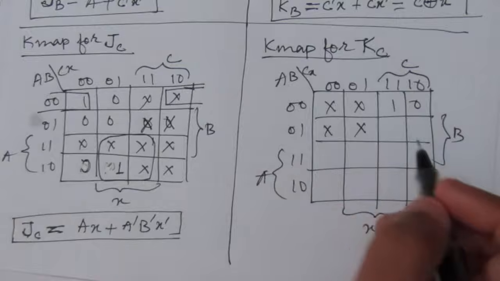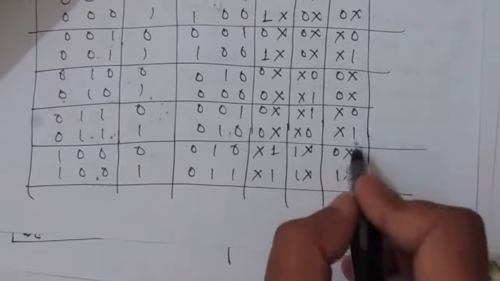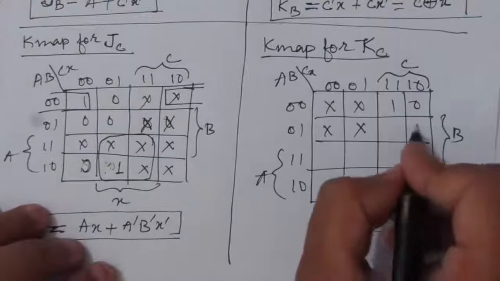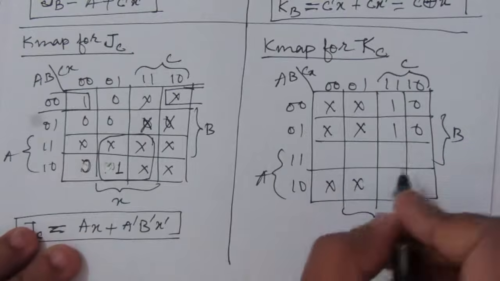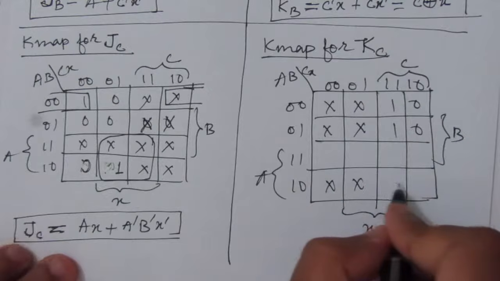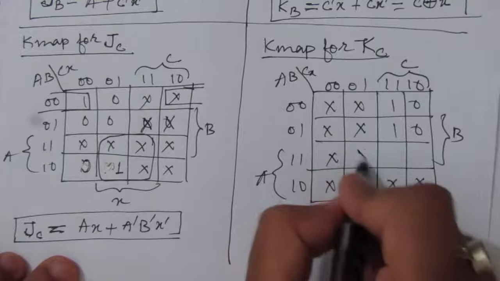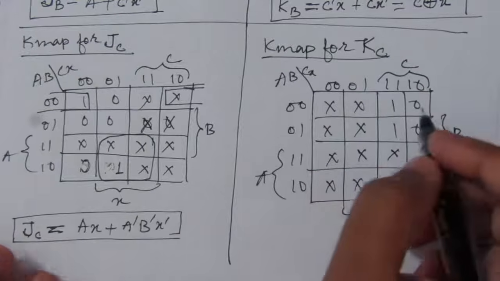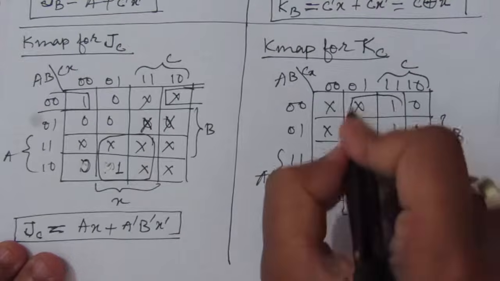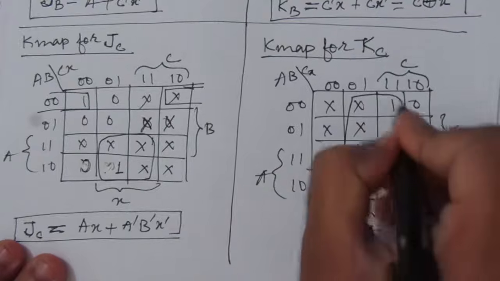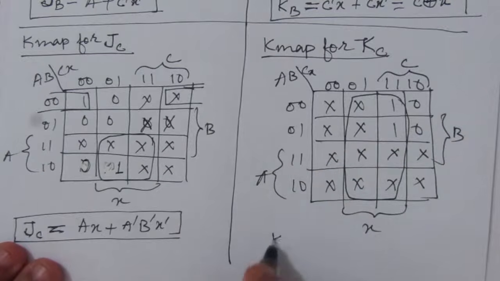Then we have 0 1, don't care 0 1, don't care. Okay, so here we'll also have don't care conditions. So we can combine like this. So there will be only one term. Okay, one minterm. So KC is equal to, this is nothing but X.